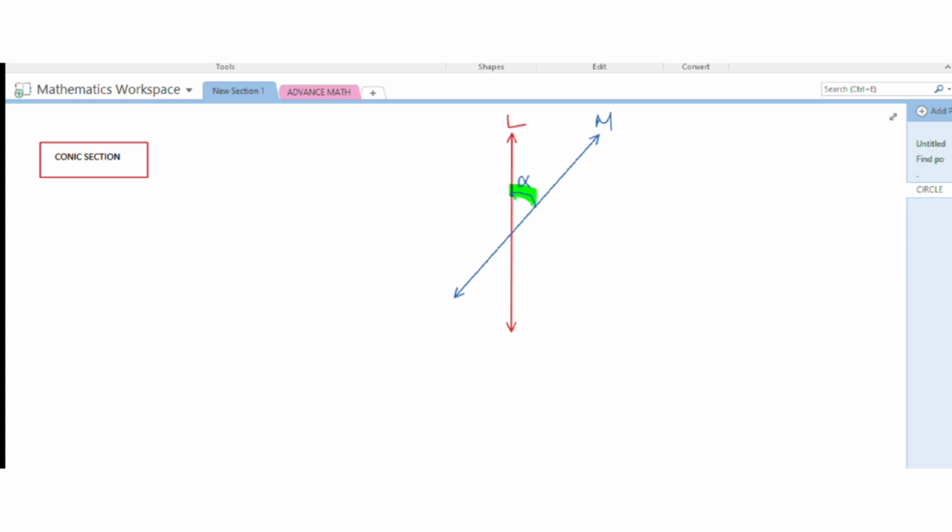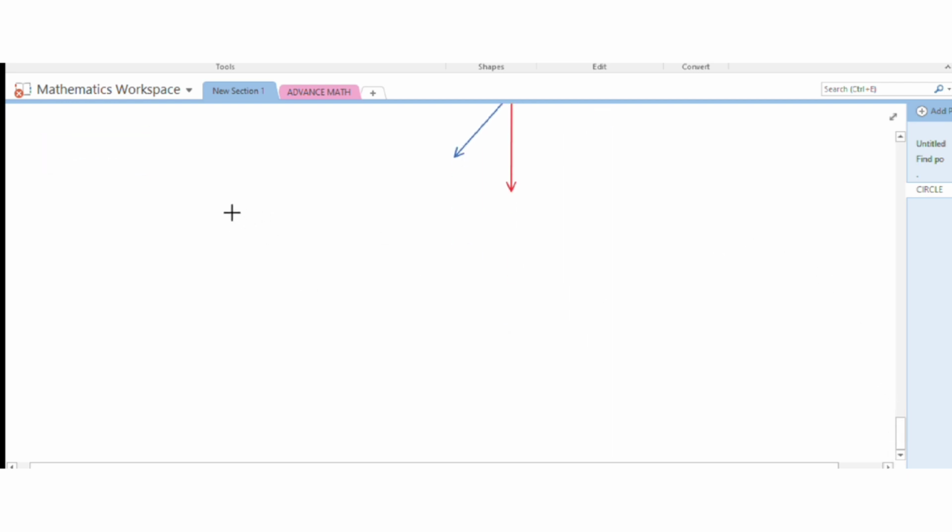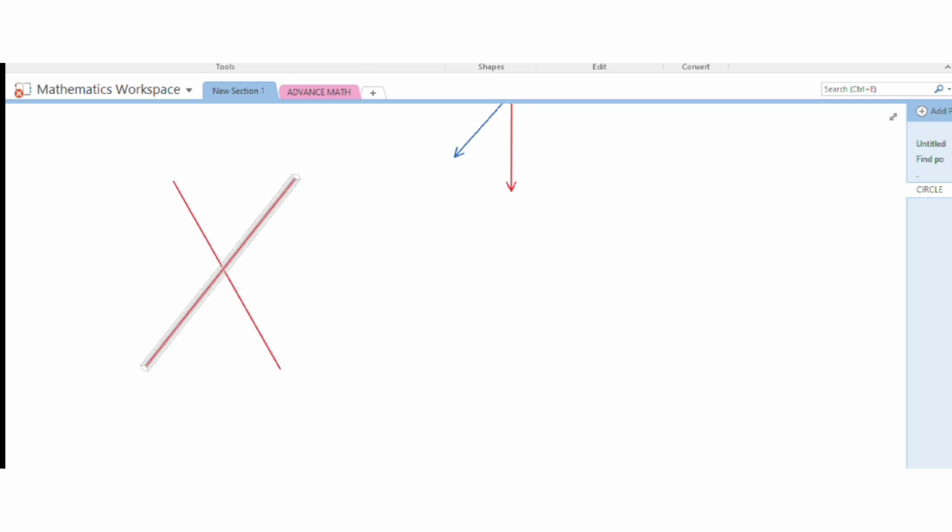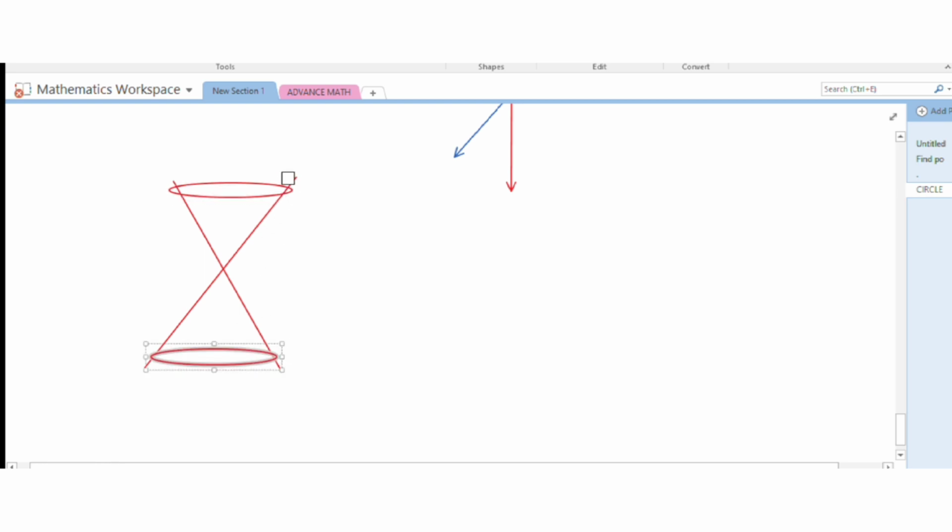It looks like this. Okay, so this is called the double napped cone.